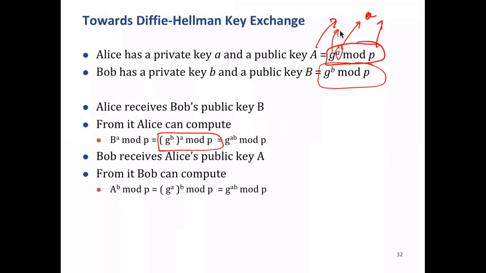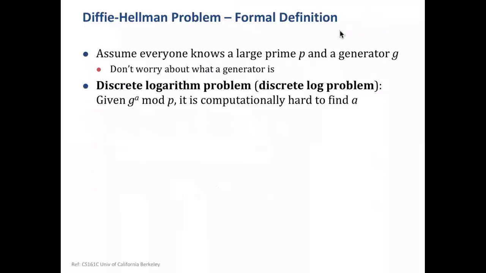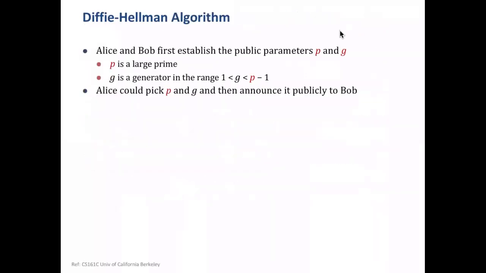So A becomes the public key, p is known, g is a generator which is also known, and a is very difficult, impossible, to find.